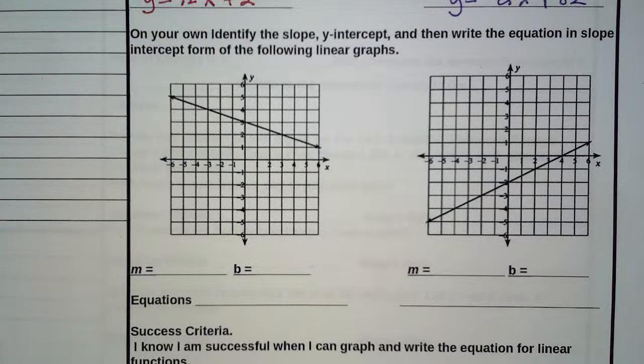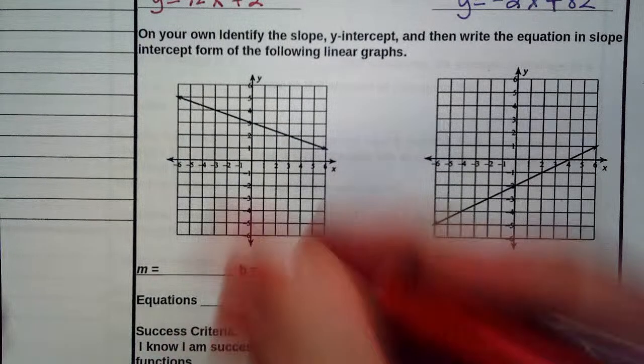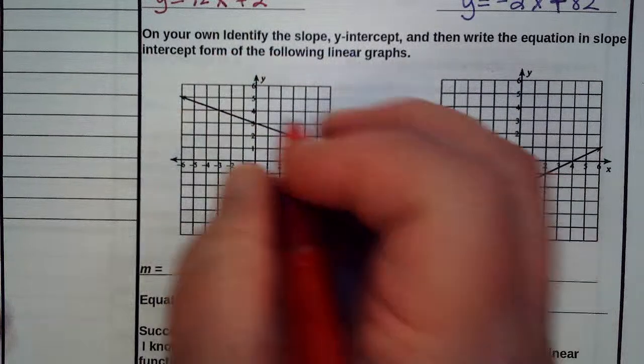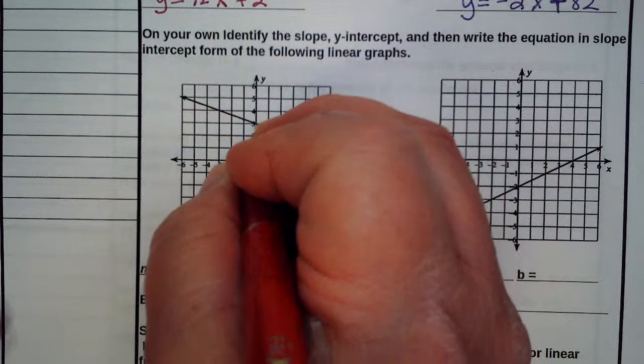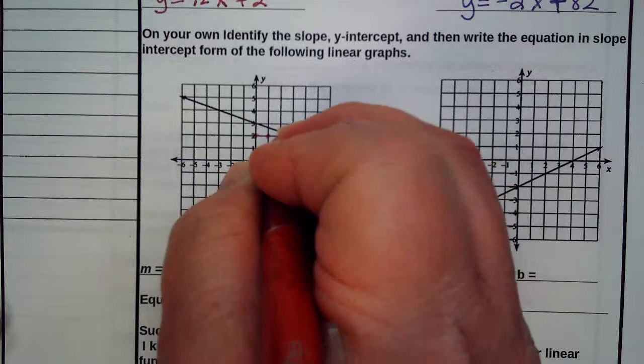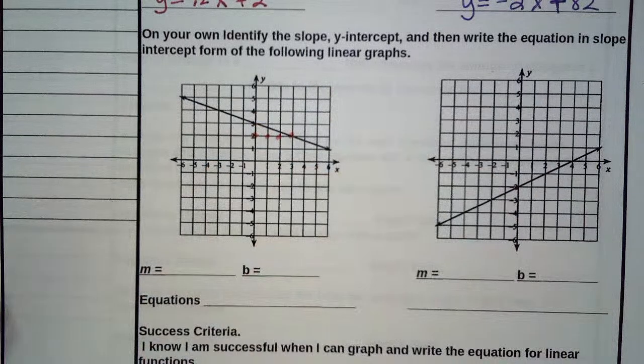Well, I do hope you try it on your own to do these. So if I'm looking for my slope, I'm going to create that right triangle. It's a negative slope. It goes from top to bottom. That's negative. I go down 1 and right 3. You can see how that is formed.